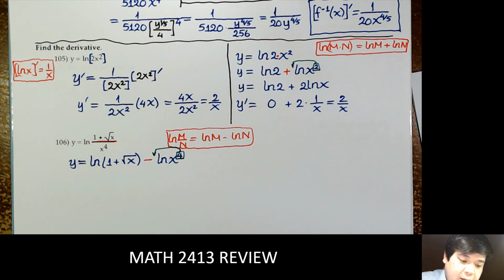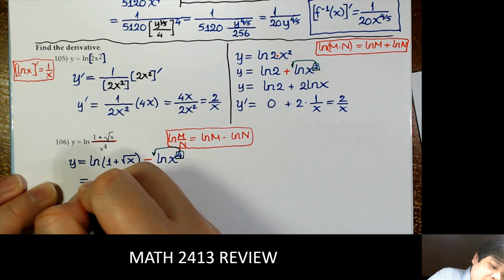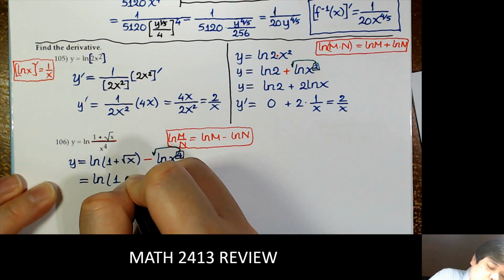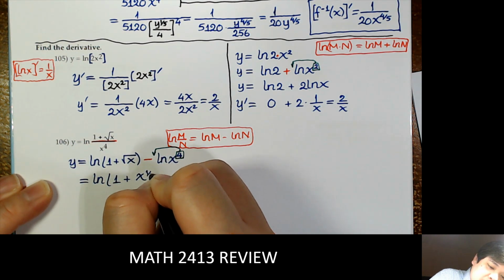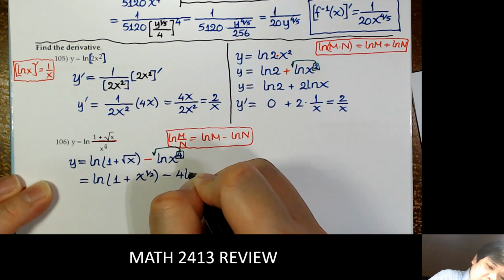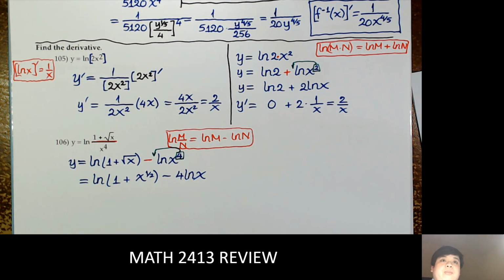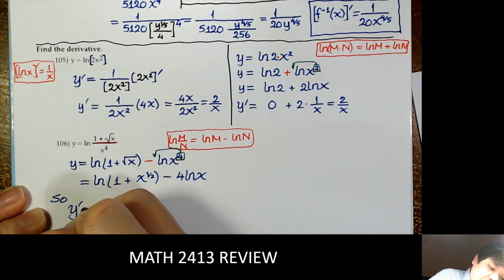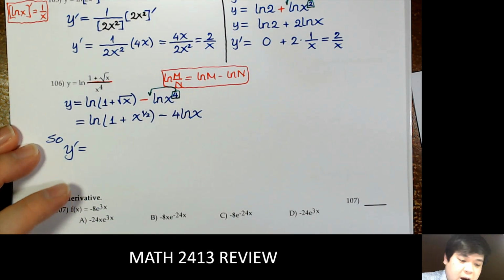Now we will rewrite the function a little bit. I will write square root of x as x to the 1/2, and take the 4 outside. Write it like that. And then we'll take the derivative. Now, for the derivative, there's no choice.